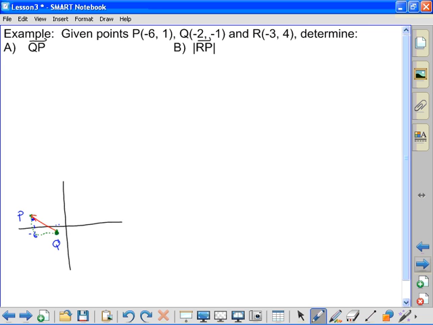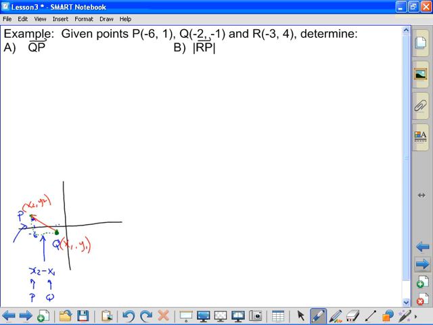So if I write this in general form now, if Q is at coordinates x1, y1, and P is at coordinates x2, y2, then this distance here would be x2 take away x1. So I'm subtracting my q x coordinate from my p.